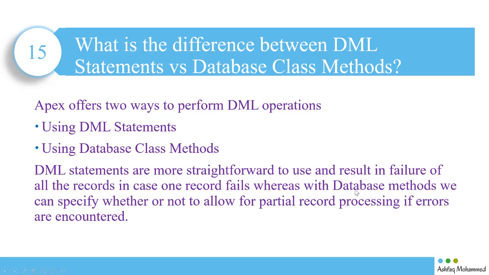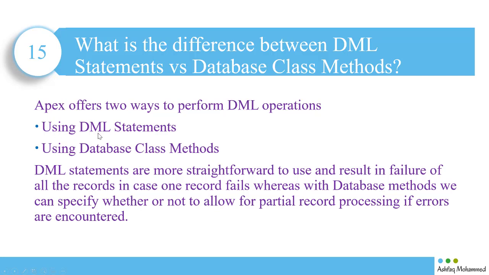Whereas with Database methods, we can specify whether or not to allow partial record processing if errors are encountered. Many times we will fall into a scenario wherein, if a few records fail, we should still continue to insert the records which passed, right?